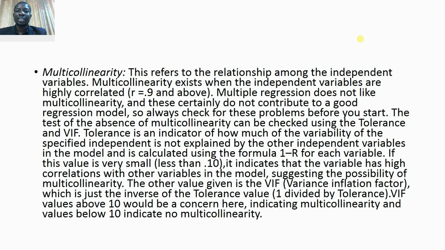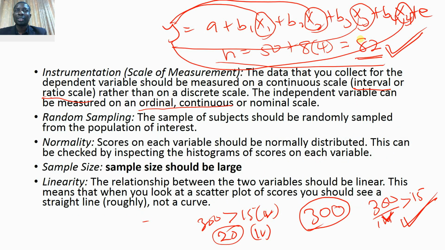Then the next one is to check for multicollinearity. Check for multicollinearity to avoid redundancy. Normally, I always use the example that coaches avoid fielding more than 3 or 4 strikers in a match because some of them will be redundant.